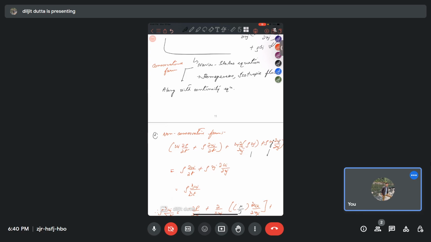We can combine ui del rho by del t and ui del rho uj by del xj, which gives rise to the continuity equation. So the sum of these two terms will be 0. The other terms will remain.